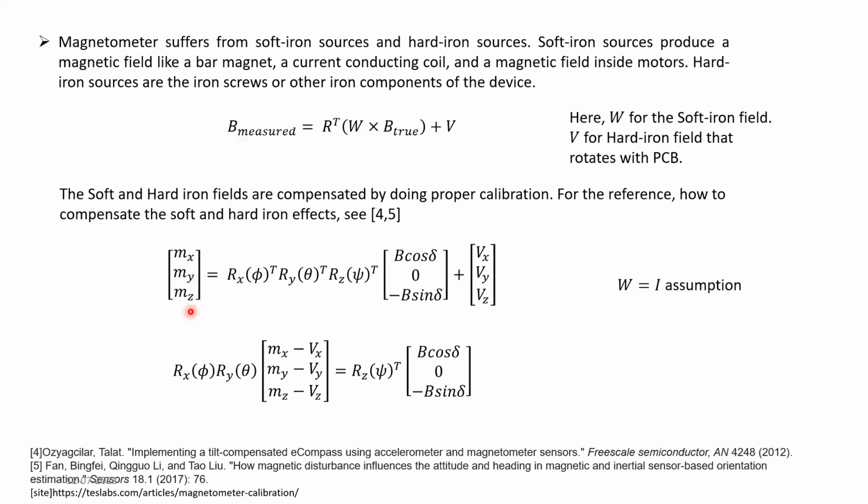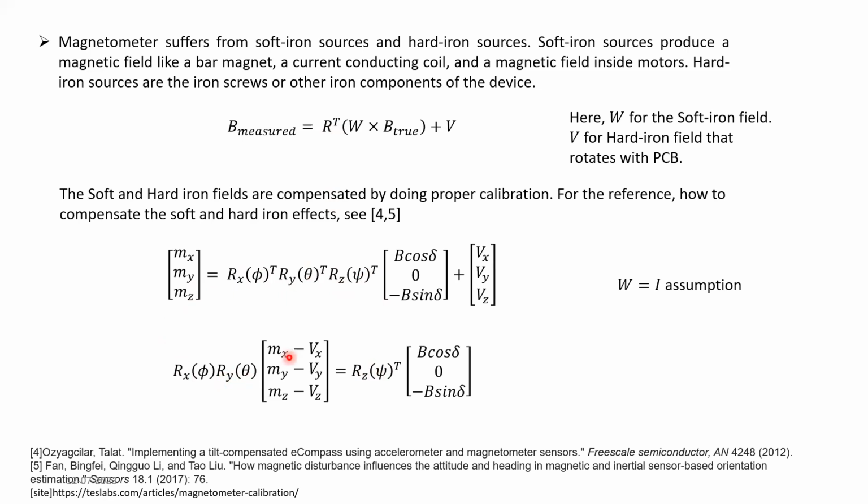Similar to the accelerometer, I am taking this R transpose rotation matrix in this form: Rx transpose, Ry transpose, Rz transpose. And I am showing these B true values in vector form. These are the hard iron effects, and these are my actual values in the body frame, right? I keep this Rz in the same frame, and send everything else to the LHS.